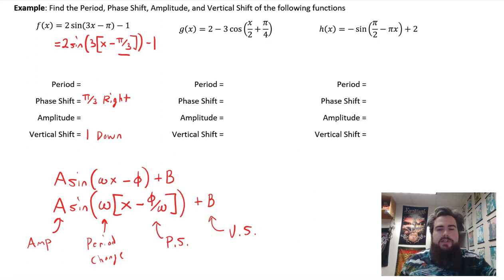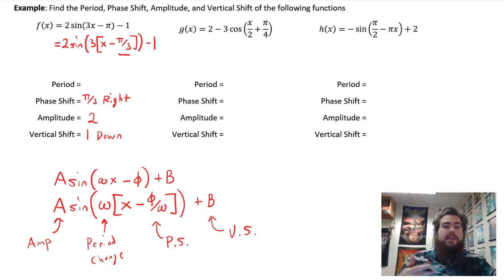My amplitude is the number that is multiplying the function, which is the 2 in front of sine, and my amplitude is simply just 2. Lastly, my period. My period is not just the value of 3 that I factored out of the inside expression. That is the period change.